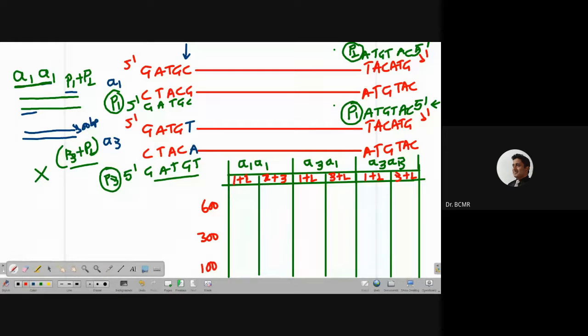What can we expect of the bands in A1, A1? If we use P1 and P2, like is shown here, this is P1, and here is P2. What would we get? Anybody? What bands will we get in this lane?